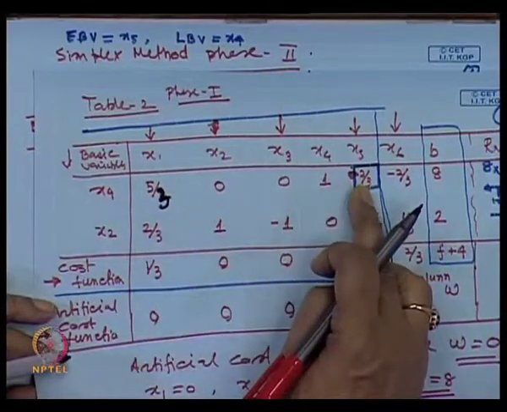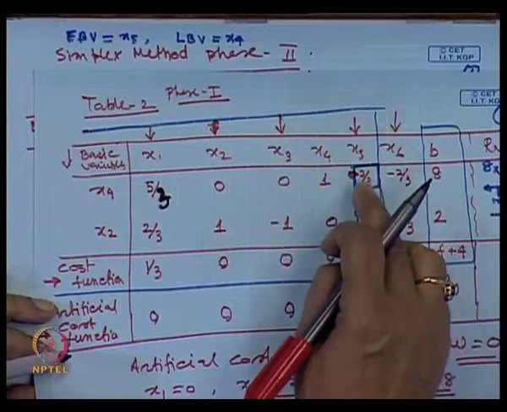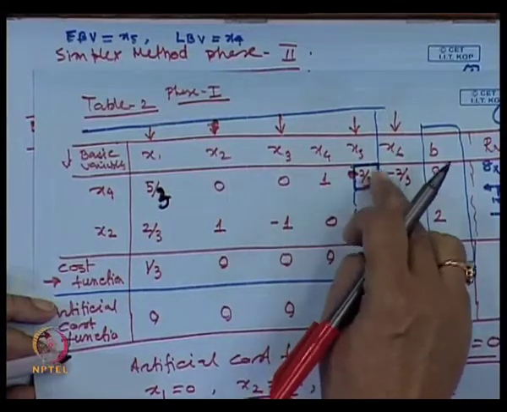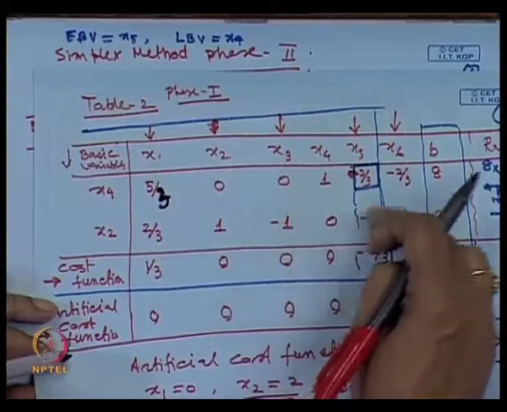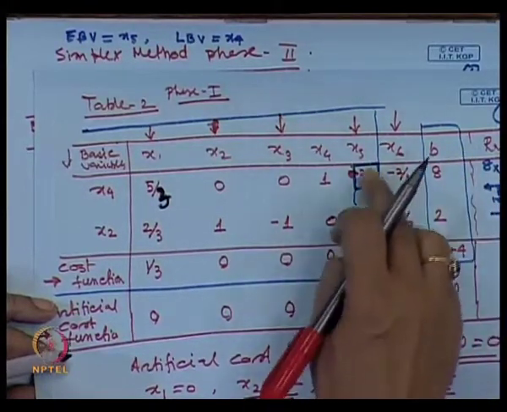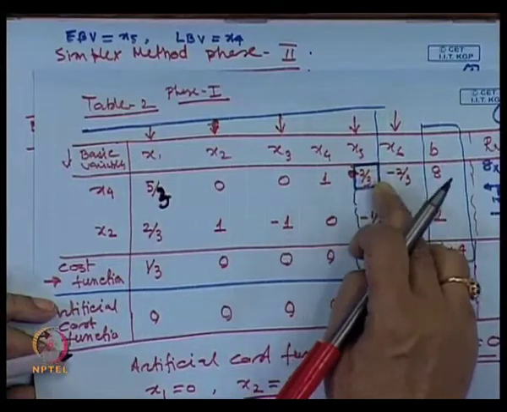Then what will we do? After normalization I have to multiply by 1 by 3 and add it to this equation, so x5 is eliminated. Similarly, I multiply by 2 by 3 and add it to this one.